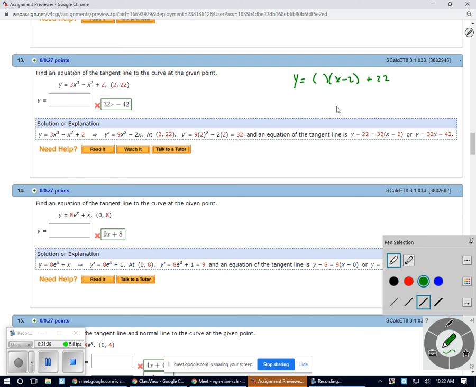Guess what the slope is? The derivative. So my derivative of this problem is, be careful here, 9x squared minus 2x, because the 2 turns to 0 and 2 minus 1 is 1.